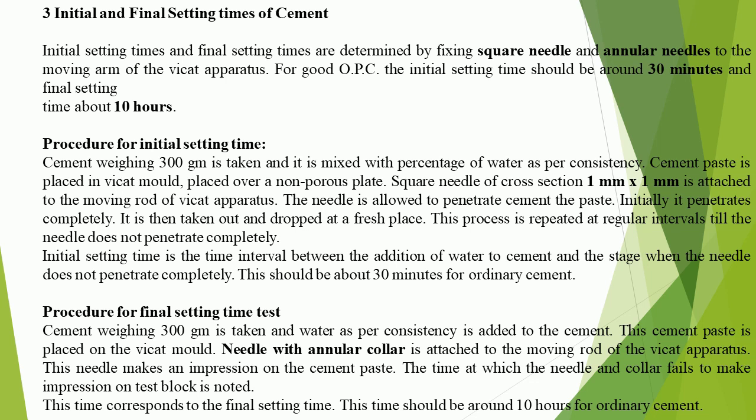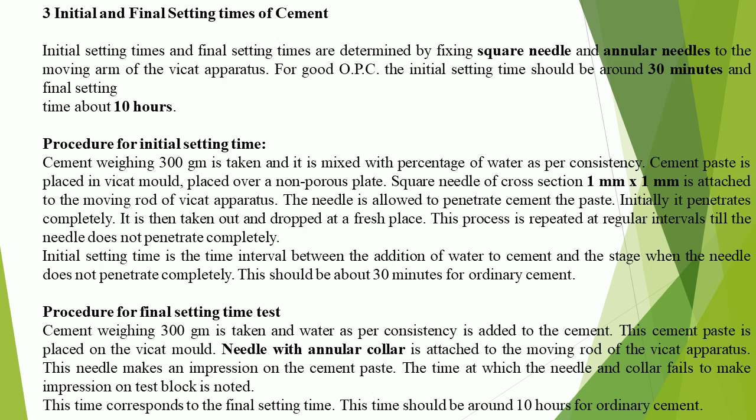Cement weighing 300 gm is taken and mixed with a percentage of water as per consistency. Cement paste is placed in the VICAT mold, placed over a non-porous plate. A square needle of cross-section 1 mm x 1 mm is attached to the moving rod of the VICAT apparatus. The needle is allowed to penetrate the cement paste.